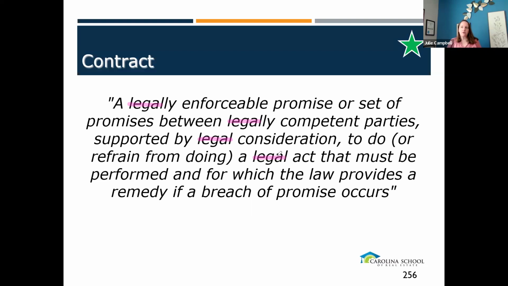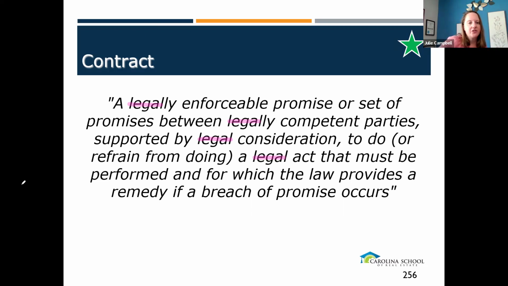And then contracts are going to spell out what happens if somebody breaches. If somebody breaches, it means they did or didn't do what they promised to do in the contract. They didn't keep their end of the deal, if you will. Contract law can't just expect people to know how to act if the other party breaches. So we're going to actually spell out in the contracts what that means.